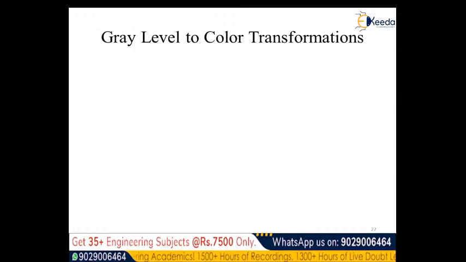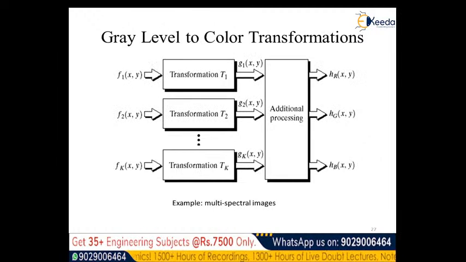Also we see this particular block diagram. Initially we had the transformations from the grayscale images to produce the transformed images, like f1(x,y) to g1(x,y), f2(x,y) to g2(x,y), then fk(x,y) in general to gk(x,y). Then the additional processing of color balancing, combining of the images, and selecting the 3 different images for display purposes is shown with the help of the block.